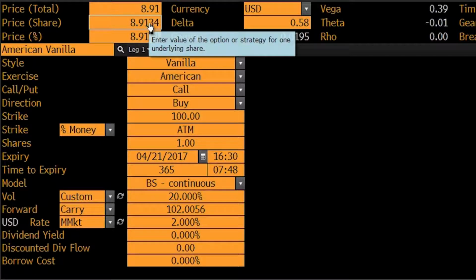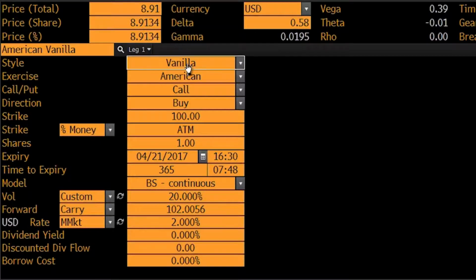That's part A answered. Now notice, in the listed options markets, options are vanilla style. If it's not vanilla, it's exotic. That would be, for example, a knock-in, knock-out option, or a digital, or a one-touch. Those are examples of the non-vanilla options. But in the listed options market, they are vanilla options.